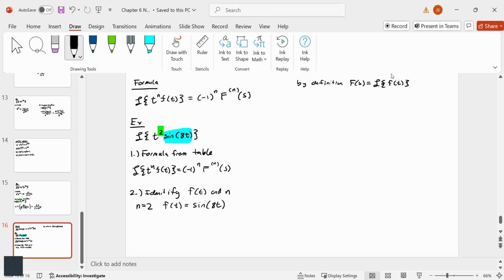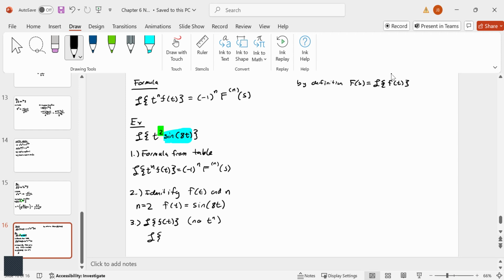That's just how we define it. So t to the n power is not f of t. It's just a part of the form that lets us get into this shortcut, right? So step three is to take the Laplace transformation of f of t. No t to the n.